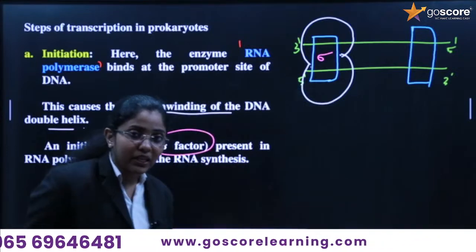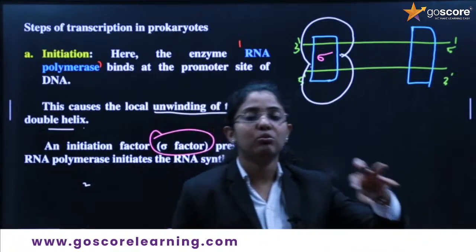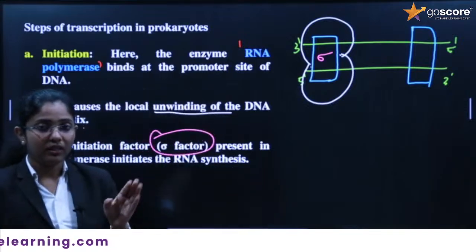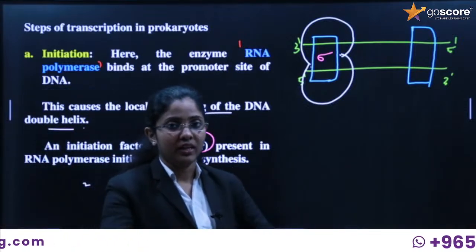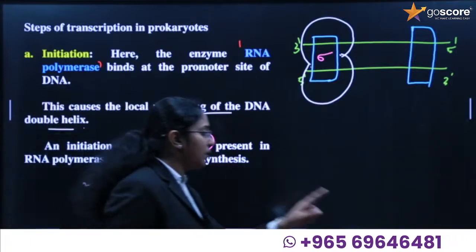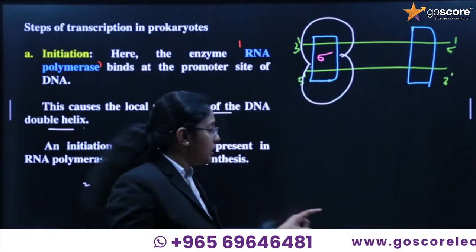We can say initiation means the attachment of the sigma factor to the promoter region. Also, it is the unwinding of DNA for transcription. Clear? These two points are very important. You have to write them in your answer sheet when it is asked in your exam.